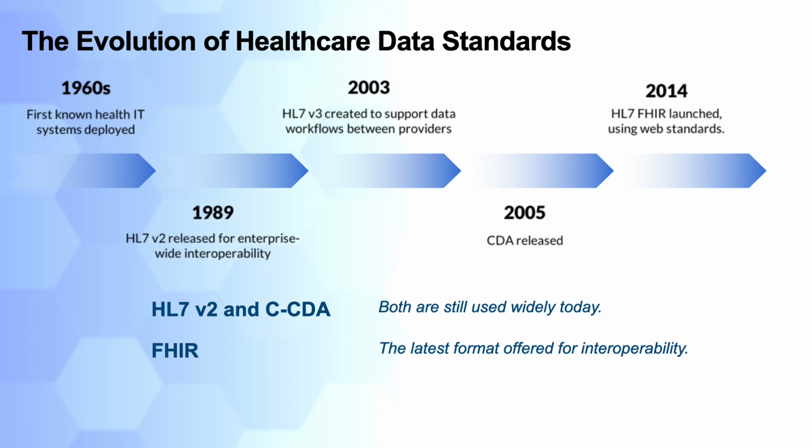FHIR aimed to become the new standard for healthcare data, but nearly a decade later is still not as popular as C-CDA. A major challenge today in healthcare is that all of these formats still exist in some capacity, not to mention additional healthcare data formats like CSV files.